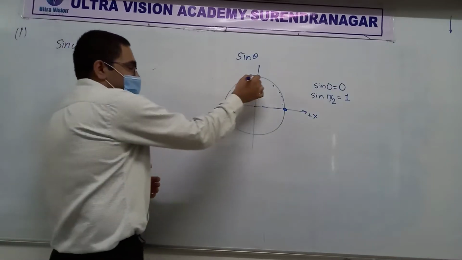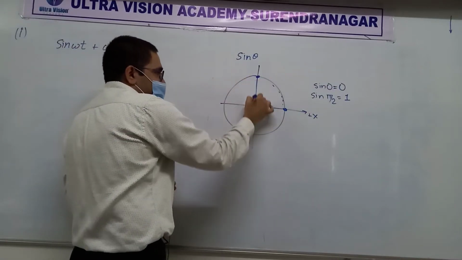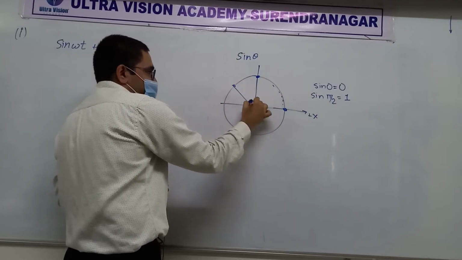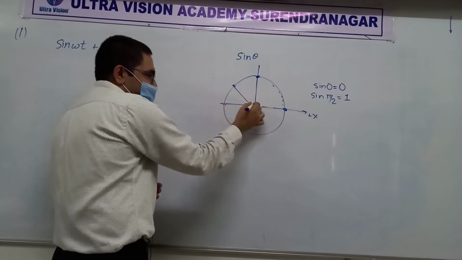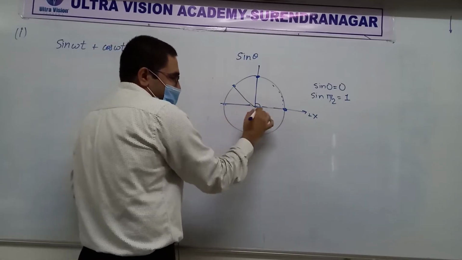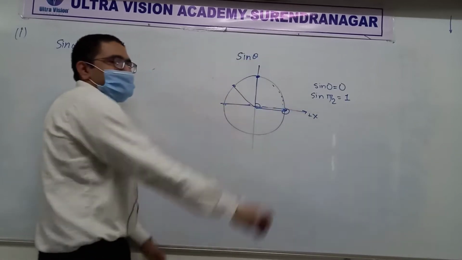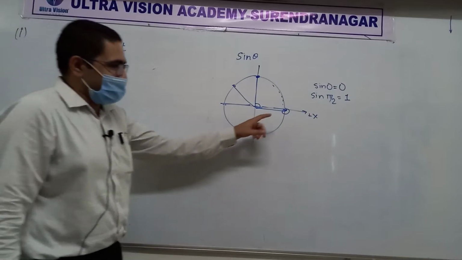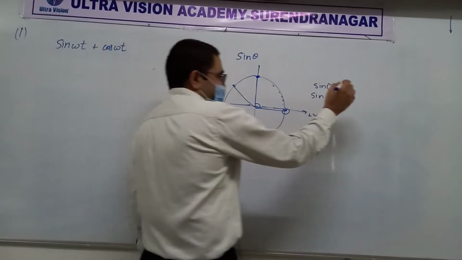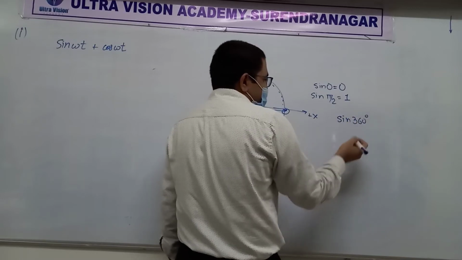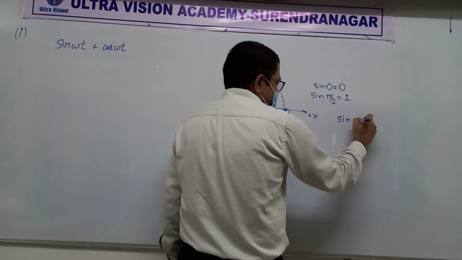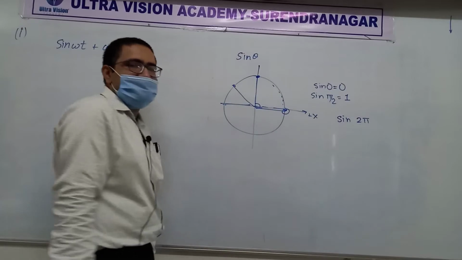So you are going to see that as we move on the circle, the angle keeps changing. Over here it might be somewhere like 120, then 180 and so on. But do you realize that when we come back to this point, we would have completed 360 degrees. 360 degrees in radians is 2 pi.